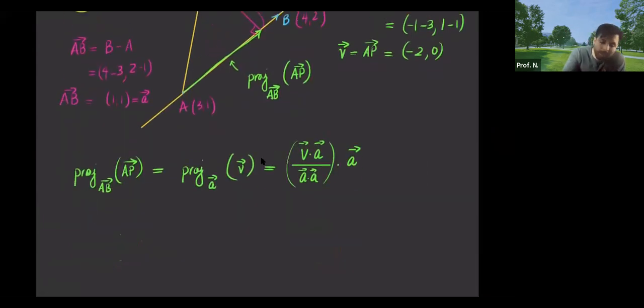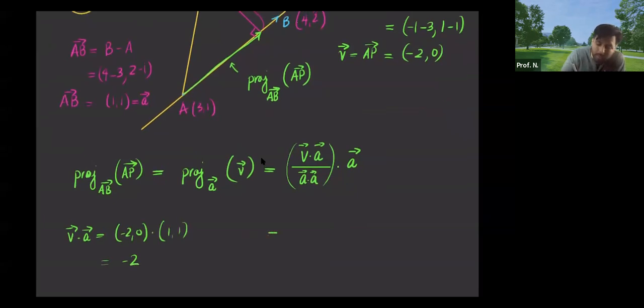So what's V dot A? So V dot A is negative 2, 0 dot product with 1, 1, which is negative 2. So the top here will be negative 2. And then what's A dot A?